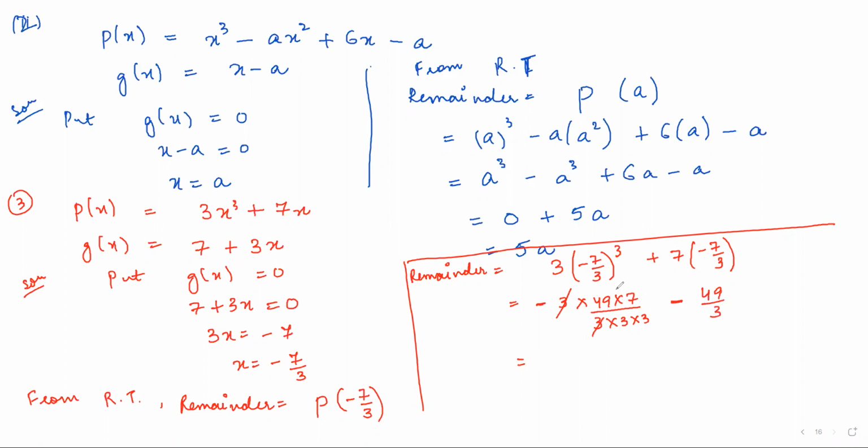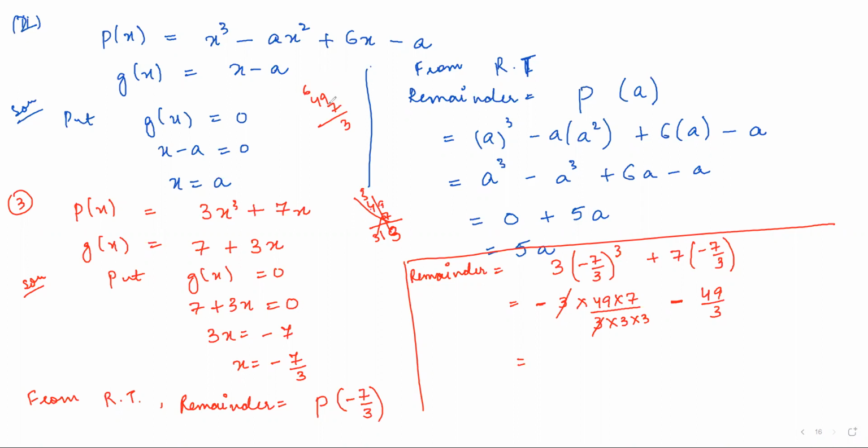So you multiply the numerator, 49 into 7 is how much? Sorry, wrong, I have done. 49 into 7. Now 7 into 9 is 63, carry 6.